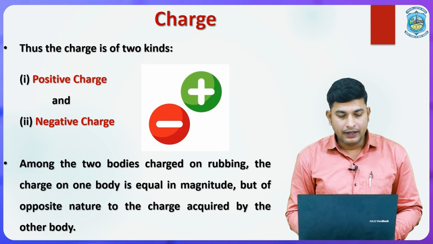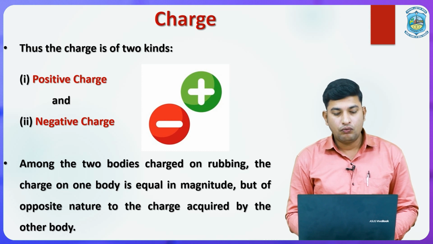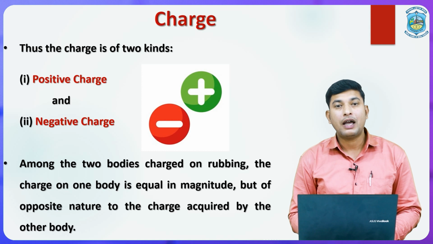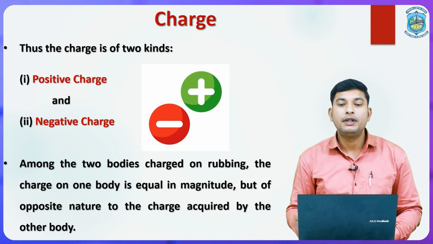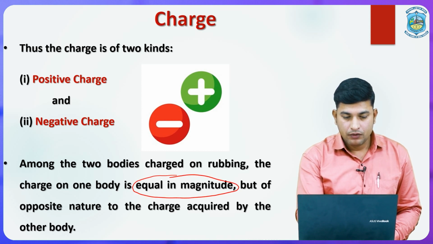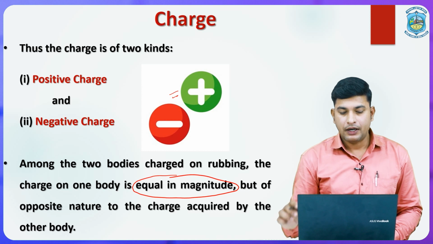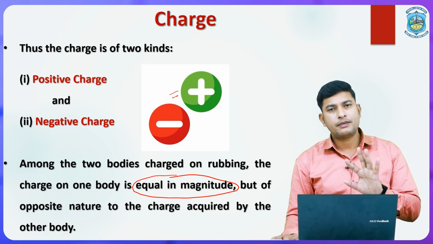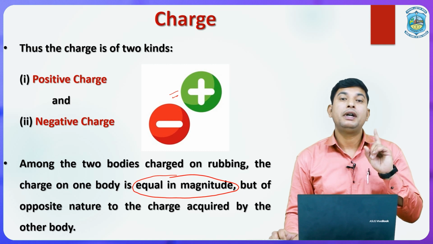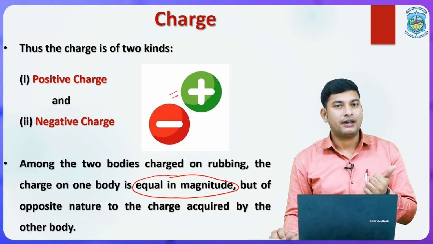And we can say that among these two bodies getting charge on rubbing, the charge on one body has equal magnitude to the other charge. Equal in magnitude: positive magnitude will equal the negative magnitude. So in magnitude there is the same value, but the nature will be completely opposite. That is the important thing.